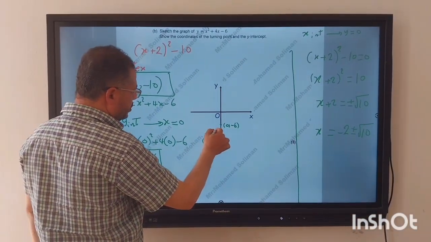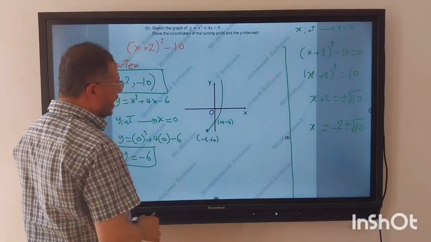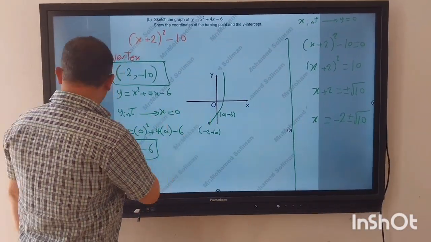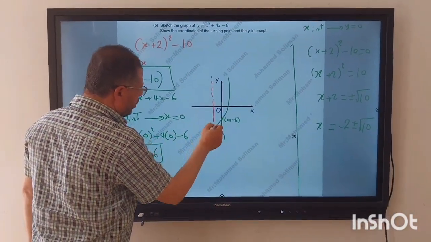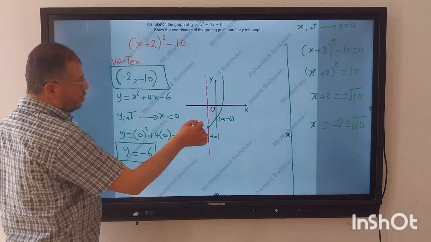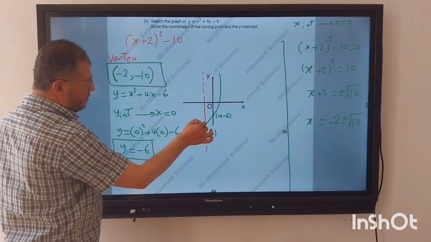It should be, for example, like this. And here, this is what I want to make sure about: here is the line of symmetry.